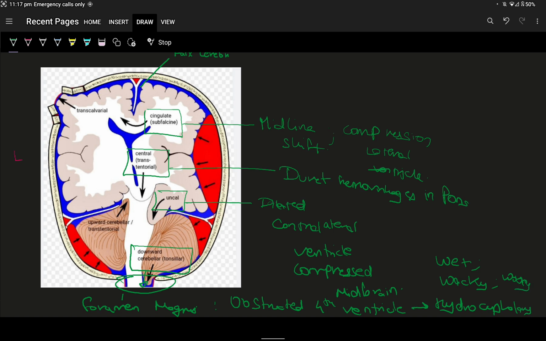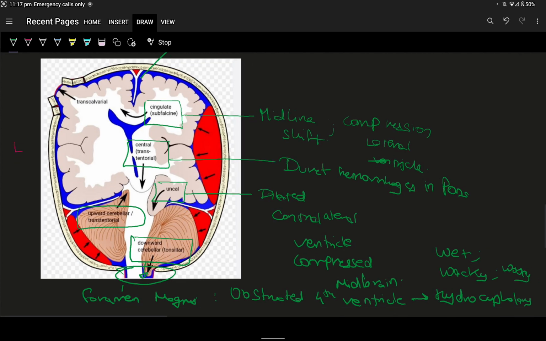Then there is upward cerebellar transtentorial herniation, and the CT shows the quadrigeminal plate cistern, which we as medical students mostly don't need to know, but as a resident, I think so. Transcalvarial, the brain protrudes through the skull defect, and it is usually post craniotomy. This usually occurs as a complication post craniotomy.